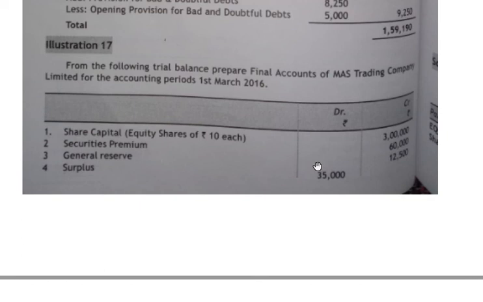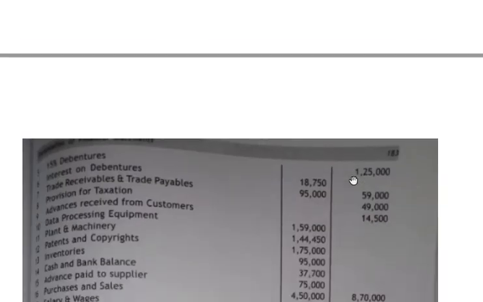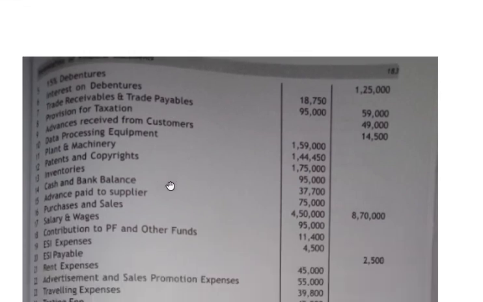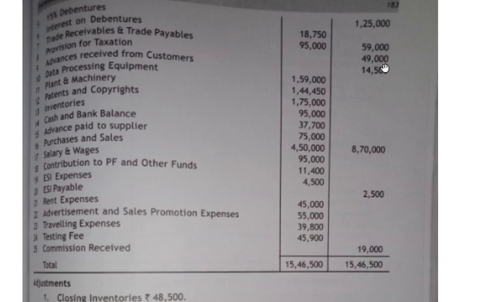General reserve 12,500 under your reserves and surplus. You have your surplus amount, which is 35,000. So reserves and surplus, 15% debentures, long term borrowings. Interest on debentures is basically a finance cost. It is a cost incurred in raising your capital. So it will come under your finance cost in your statement of profit and loss account.